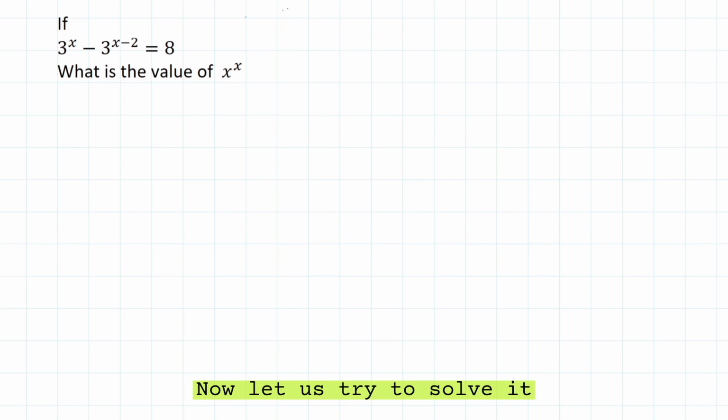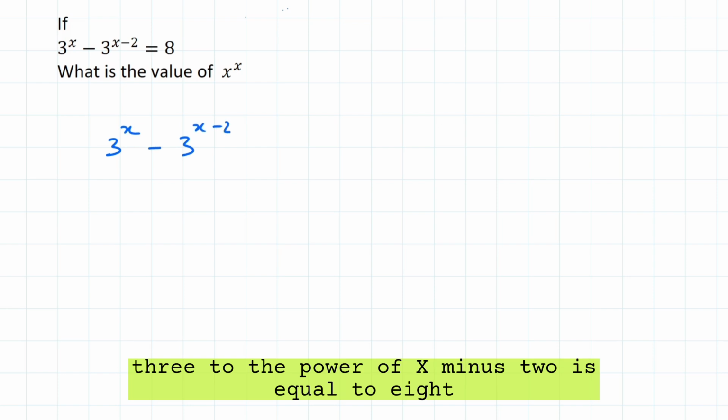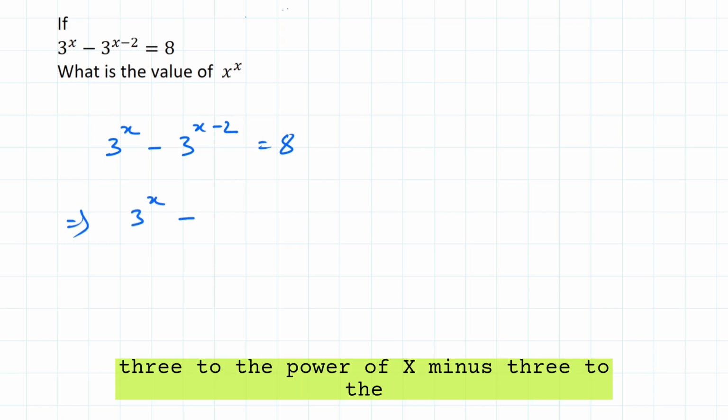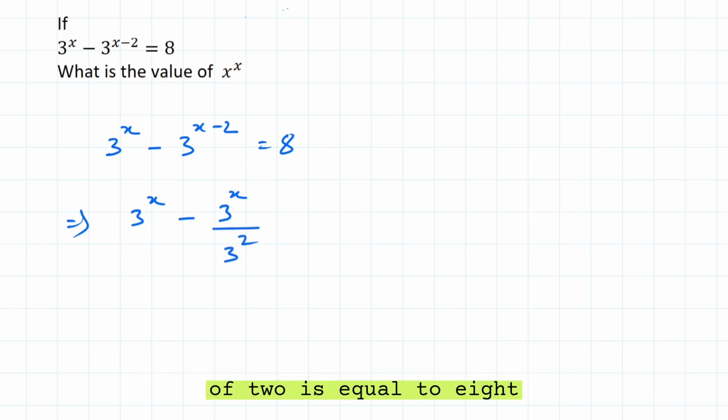Now let us try to solve it. We can write 3 to the power of x minus 3 to the power of x minus 2 is equal to 8. This I can write as 3 to the power of x minus 3 to the power of x divided by 3 to the power of 2 is equal to 8.